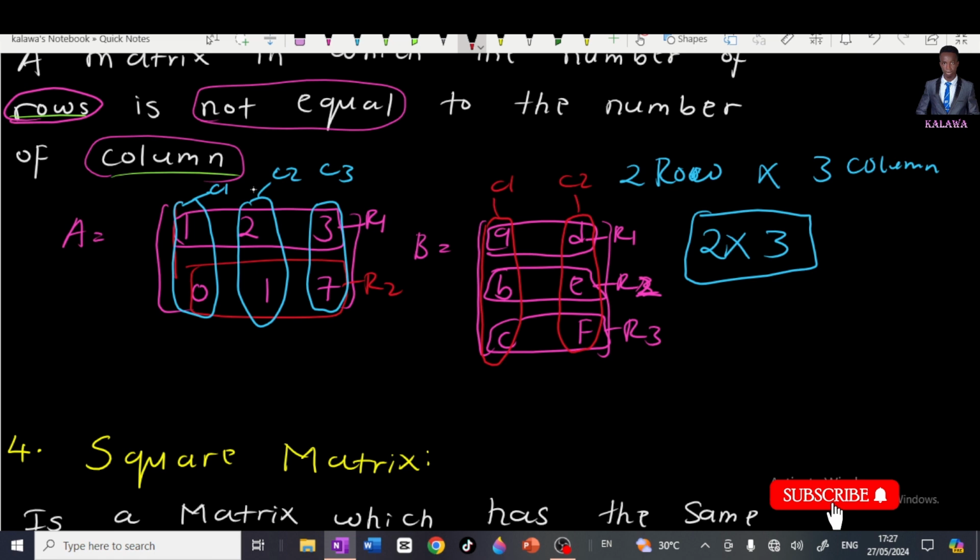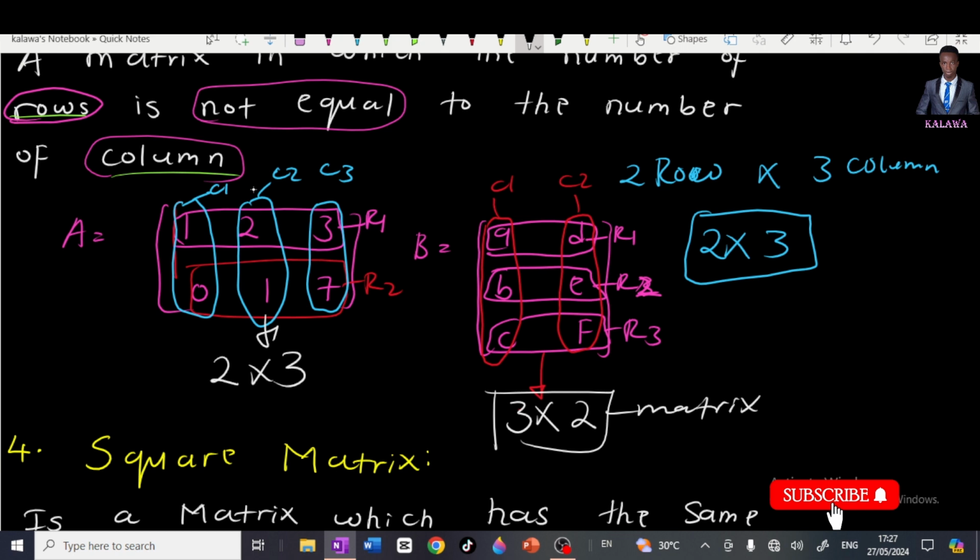So we call that a rectangular matrix because the rows and columns are not equal. This one is a 3 by 2 matrix, while the other one is a 2 by 3 matrix.